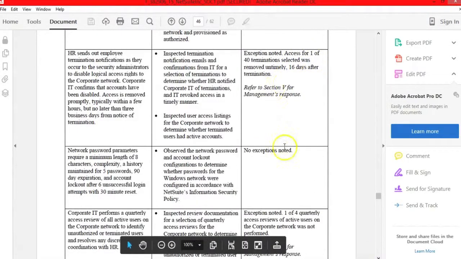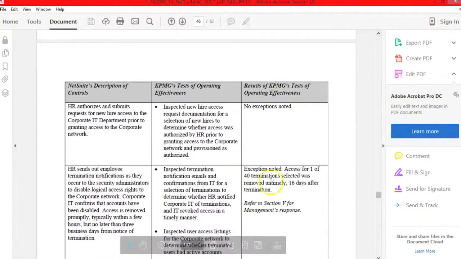Now when you see wording on this side where exceptions are noted, this is where, as a reviewer, you need to pay attention. In this case, you will want to note these exceptions and how you would deal with them to ensure that you can still rely on this report.